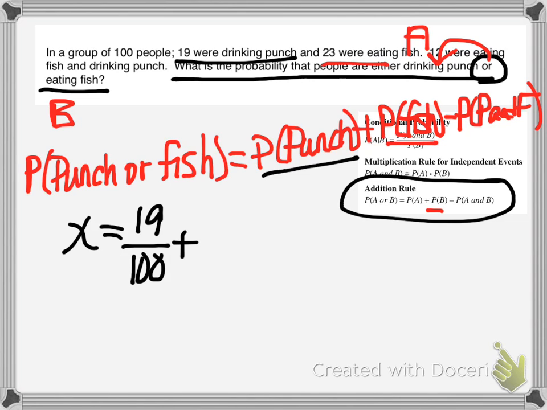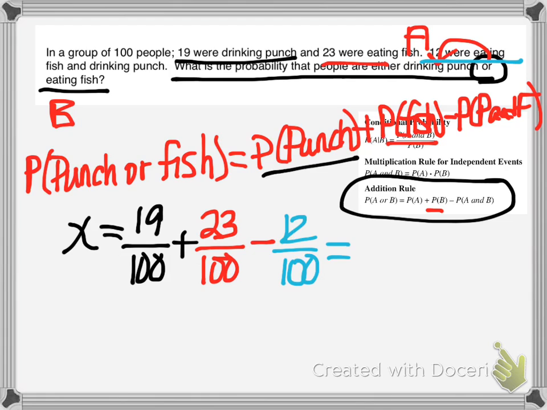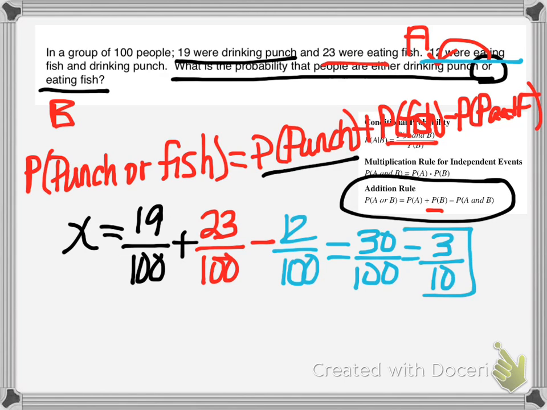There are 23 people eating fish, so that's 23 over 100, minus probability of A and B, which is going to be probability of drinking punch and eating fish, which was 12 out of 100. So if I put those fractions into my calculator, that's going to give me 30 out of 100, which simplifies to 3/10. So the probability that somebody is drinking punch or eating fish would be 3/10.